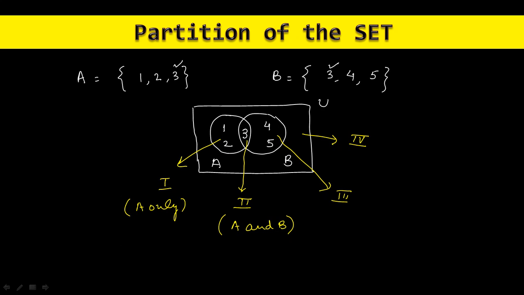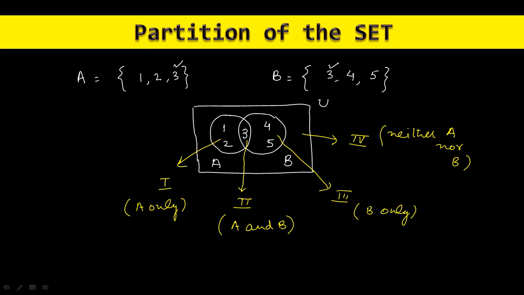What about part 3rd? This one is B only. What about part 4? This one is neither A nor B. Basically, these are the 4 partitions of the set.